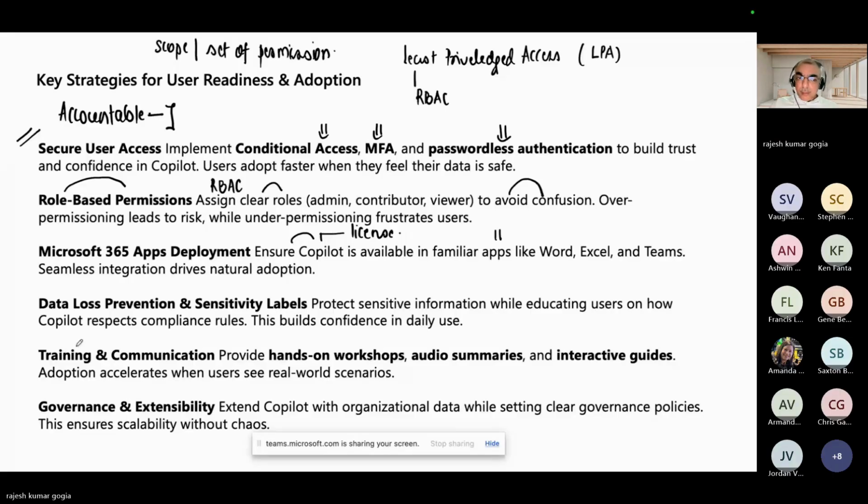Now, going with DLP, the DLP can help you set up sensitivity labels and protect your sensitive information as well. And for your training and communication, what are you using? You're using workshops, audio summaries, interactive guides, PowerPoints, isn't it? And that too with real-world scenarios, which is what you're looking at right now, isn't it?